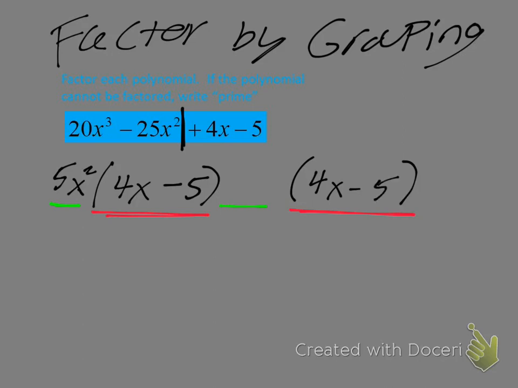Okay? Now, to finish this off, you look at your second group right here, this 4x minus 5. And here, listen to me carefully. You have to factor something out of 4x minus 5 to give you this binomial.